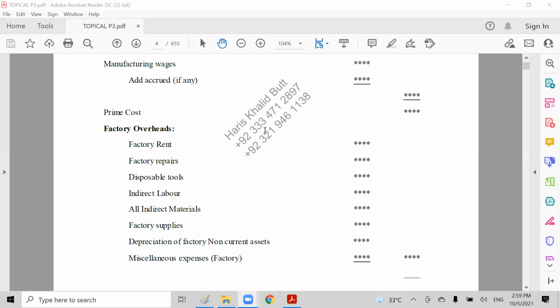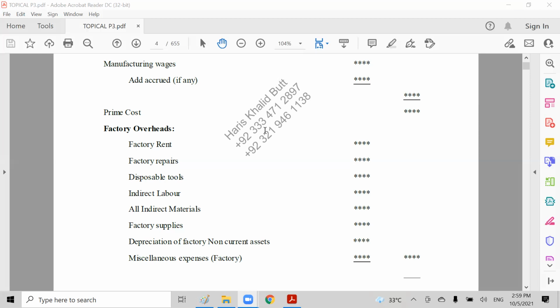Overheads include all indirect expenses, including indirect labor and indirect material. It includes factory rent, factory repair and maintenance, disposable tools, indirect labor, supervision, foreman salary, production manager salary, all indirect material, heat, light and power, factory supplies, depreciation of factory non-current assets, that is, depreciation of machinery, depreciation of factory building, and miscellaneous expenses.